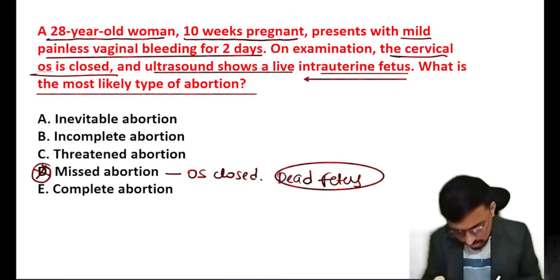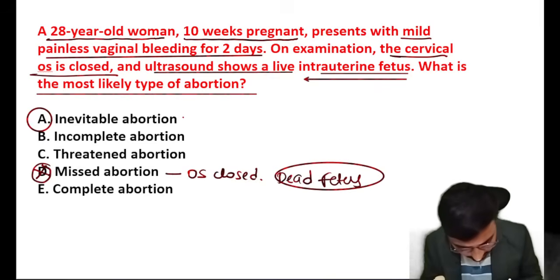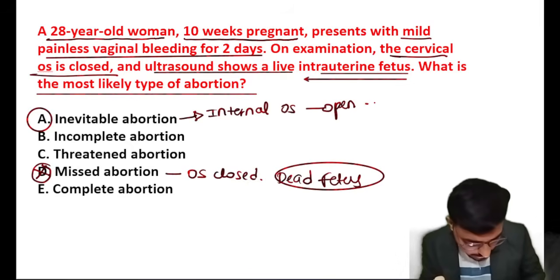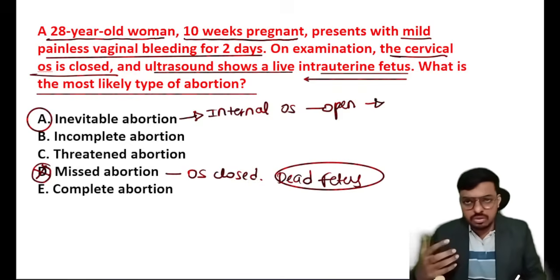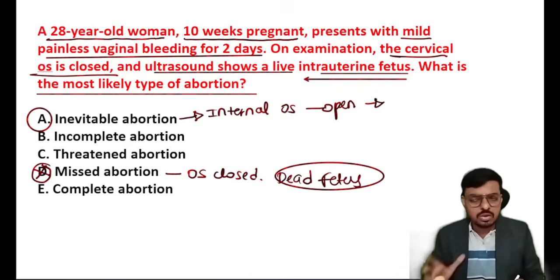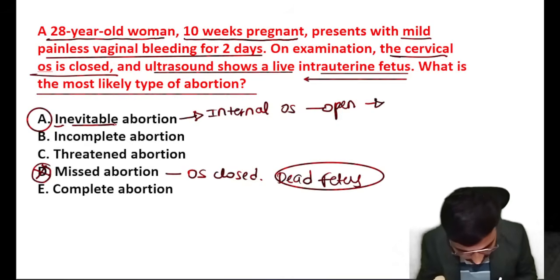Then option A, inevitable abortion. In inevitable abortion, what happens? The internal cervical os is open, and the pregnancy reaches a state where we can't revert it back to normal. Inevitable means non-stoppable.